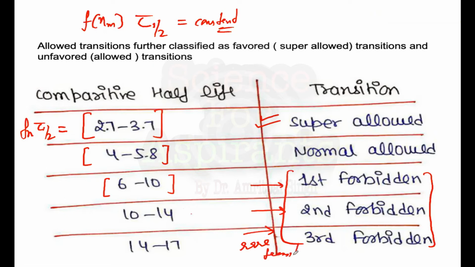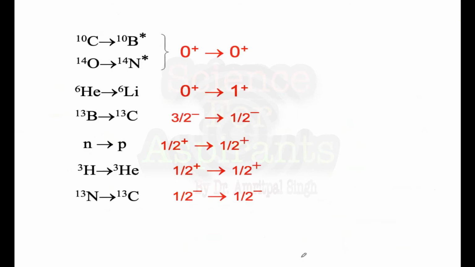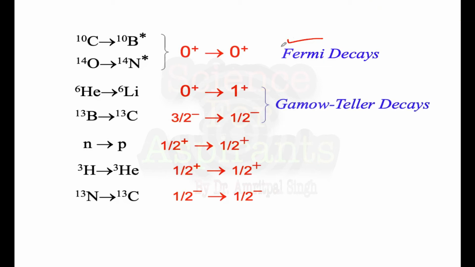It depends upon what type of beta or alpha particle they are starting these types of transitions. These are some examples you can check by calculating for each case. 0 to 0 transitions are generally Fermi transitions, while all these cases are Gamow-Teller transitions, and these cases are mixed transitions. So this is your homework.